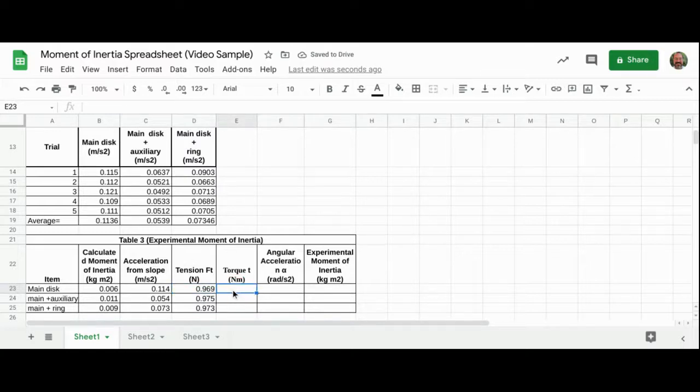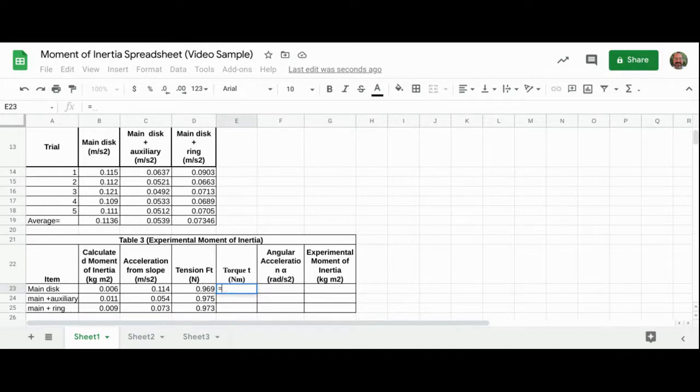The torque is going to be equal to the tension that we see times the radius of the step pulley. Force times the radius. And so when we do that, we need to know the radius of the step pulley. I did measure this.